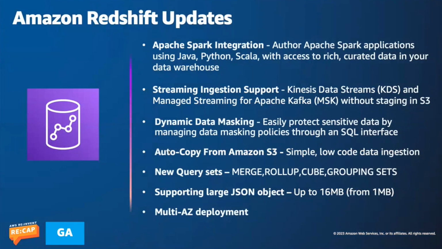And here is a summary on some of the key announcements we have done within Redshift. So one of the key ones was dynamic data masking, which is a new feature for those that want to protect sensitive data by managing data masking policies through a SQL interface. This is a new functionality. We also have introduced auto-copy from Amazon S3, so users don't have to do multiple copy statements.